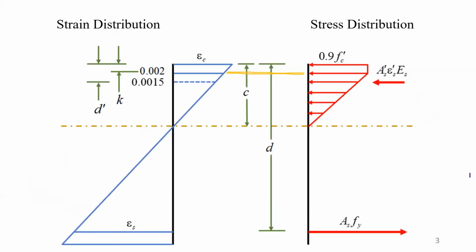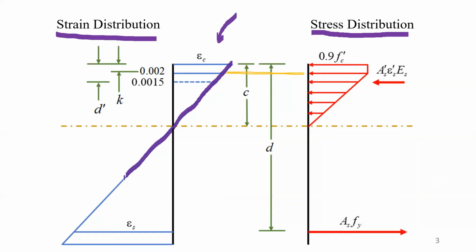The answer is to use the strain and stress distribution along the cross-section of the member. Notice that the strain distribution is based on sections perpendicular to the axis of bending that are plane before bending remain plane after bending, while the stress distribution is based on the stress-strain response given in the problem.